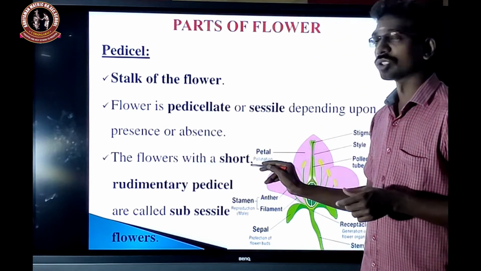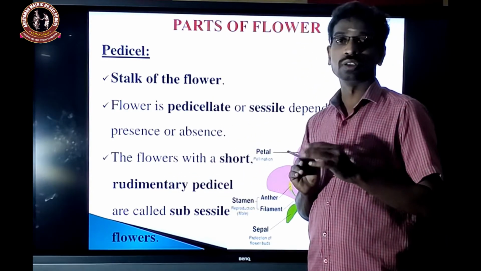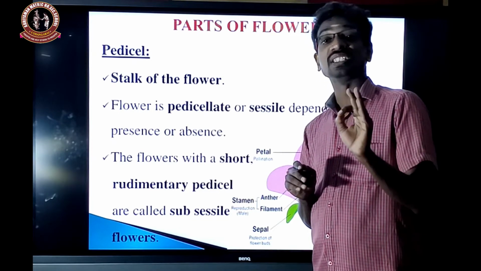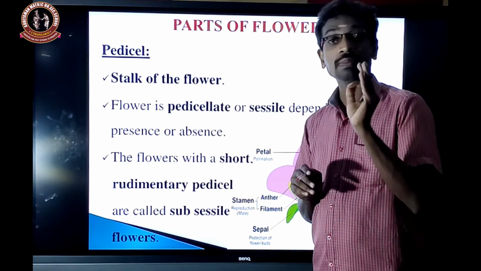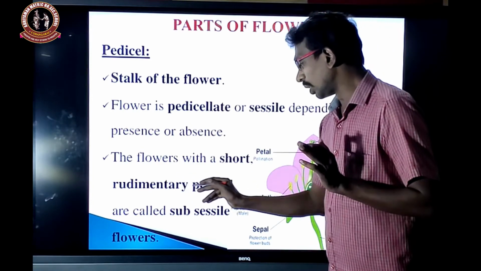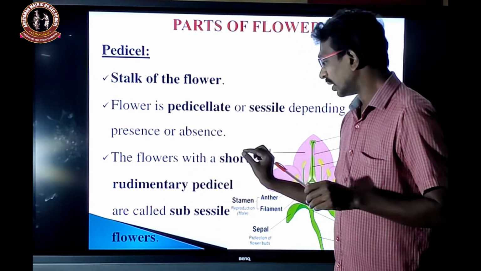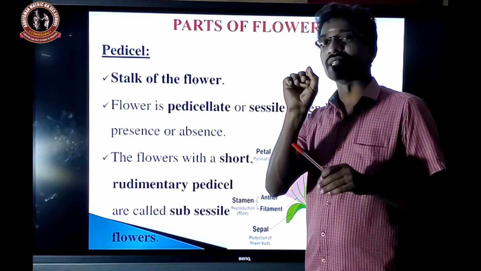The flower with a short rudimentary pedicel is called subsessile flower. Rudimentary means it is present but not visible, or it is immature, not fully developed. Sometimes a very short pedicel is present.